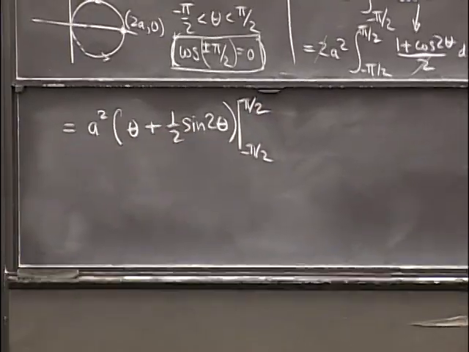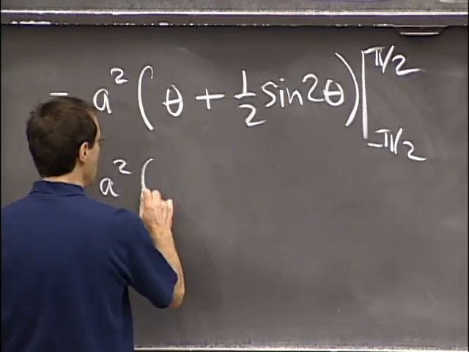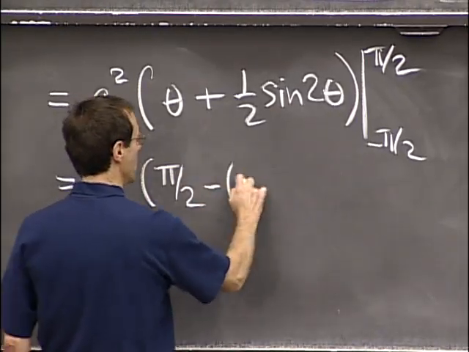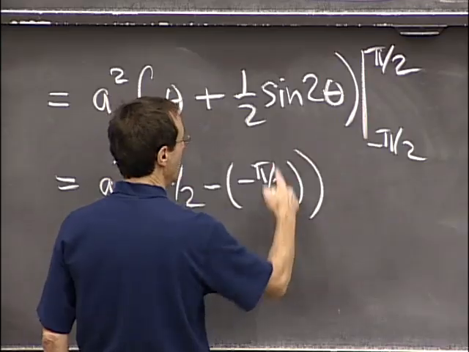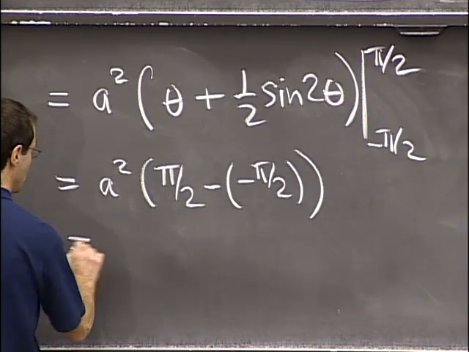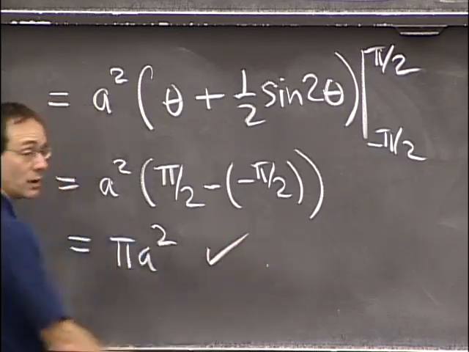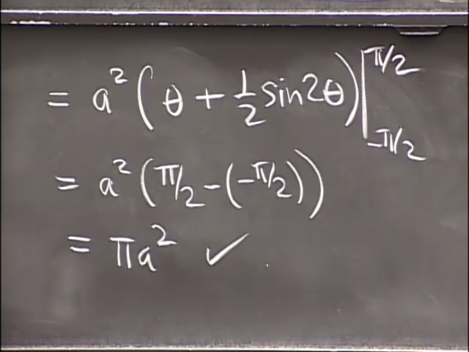All right? And that is a squared times (pi over 2 minus minus pi over 2). And the sine terms go away because they're both 0. So all told, we get pi a squared, which is certainly what we would like it to be. It's the area of the circle.